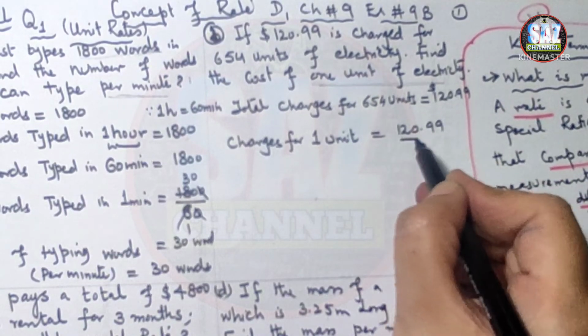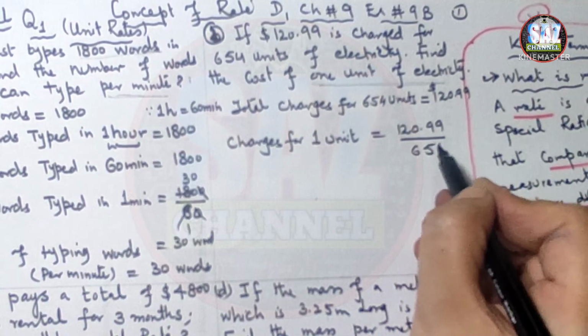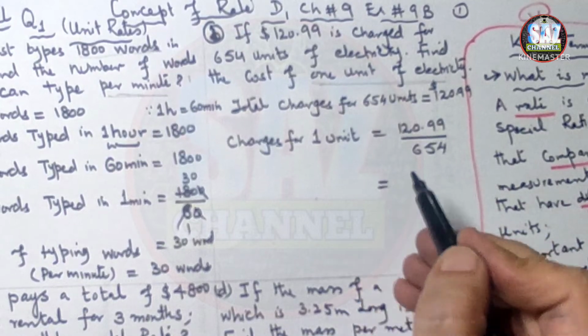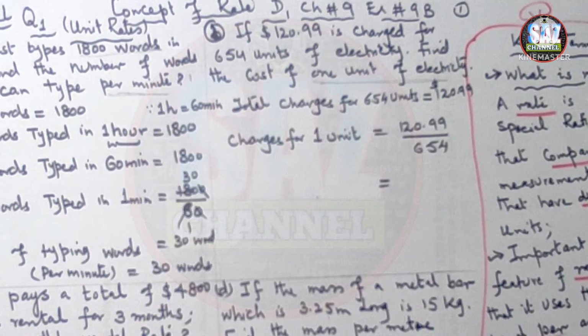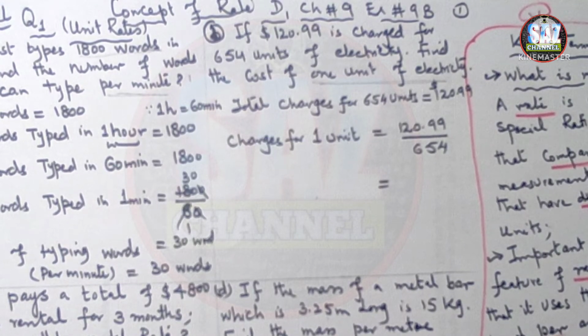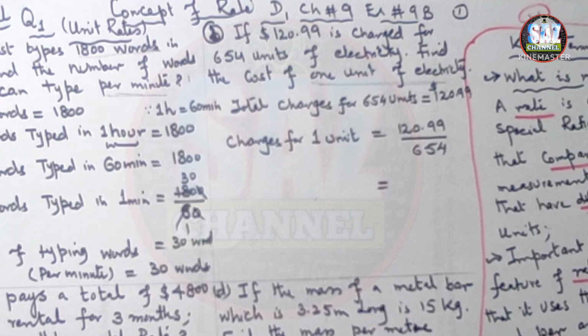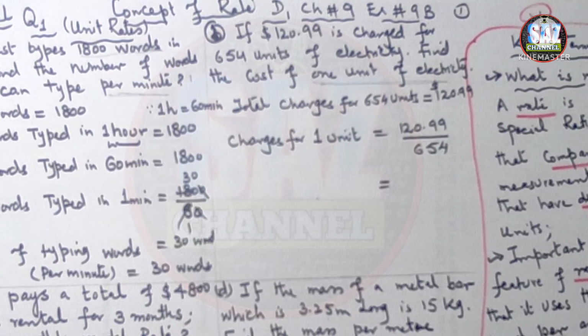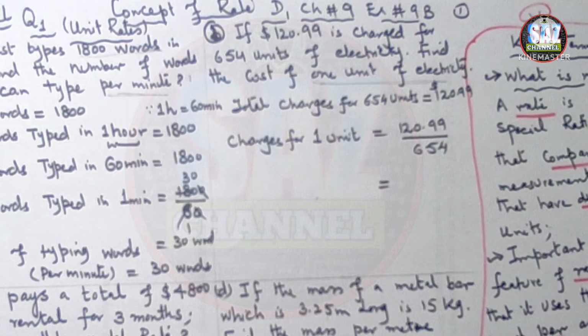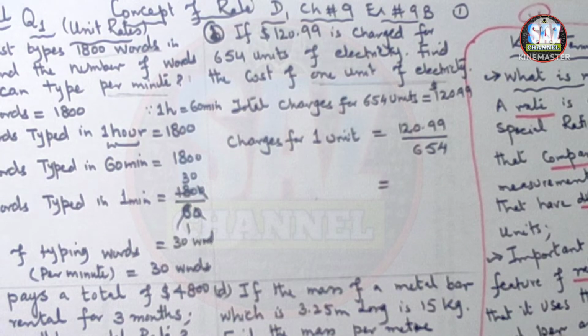This question can come in paper 2, where you can use your calculator easily. But if the examiner gives a similar question in paper 1, then he will give some suitable values. So what I have to do is 120.99 divided by 654.